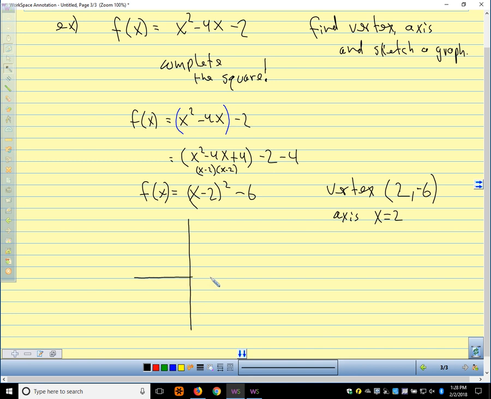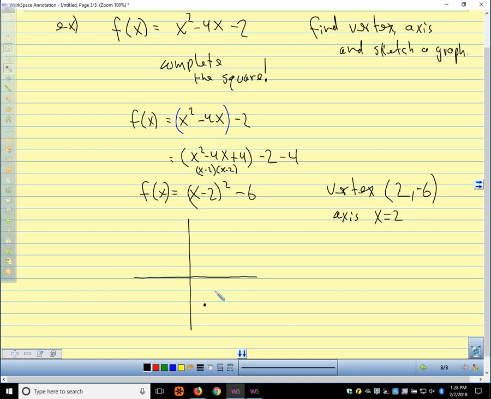So if I'm going to sketch a graph, there's (2, negative 6), roughly. Yes? If it had been x plus 2 squared minus 6, the vertex would have the negative 2. So remember in vertex form it's x minus h and k. All right, so there's my vertex.